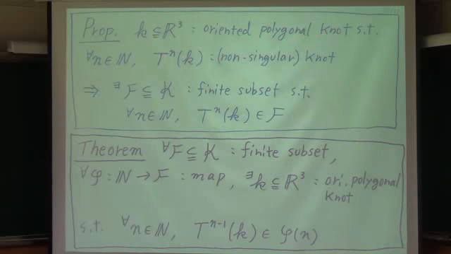Polygonal means K is a union of finitely many straight line segments.